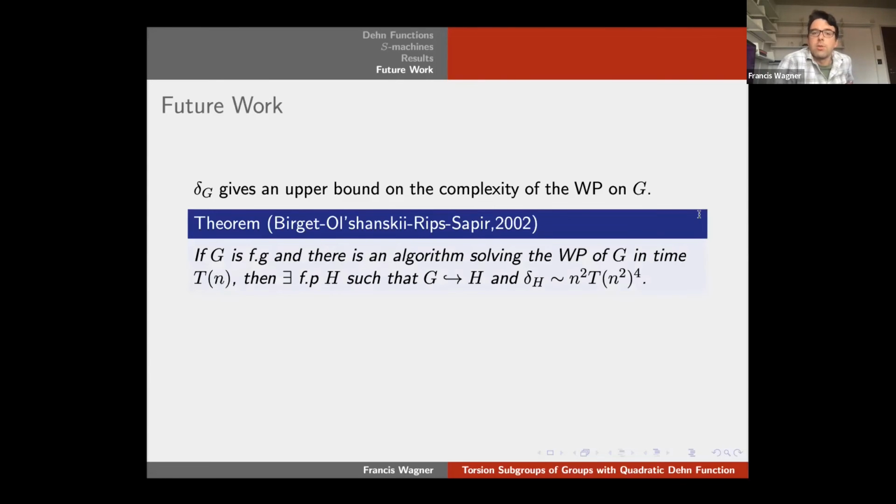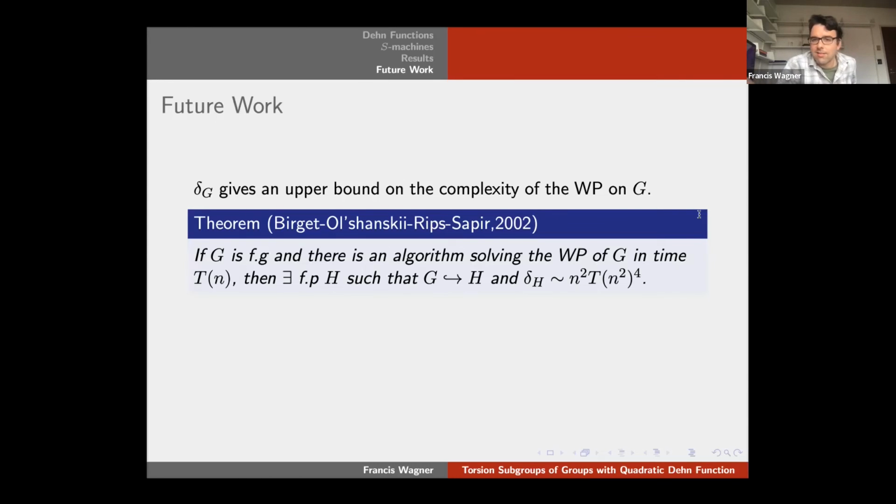One theorem due to Birget, Olshanskii, Rips, and Sapir in 2002 is that they were able to construct basically a Higman embedding theorem, where you take any finitely generated group with decidable word problem with some complexity, and you can embed it into a finitely presented group whose Dehn function has some nice polynomial bound with respect to that complexity.